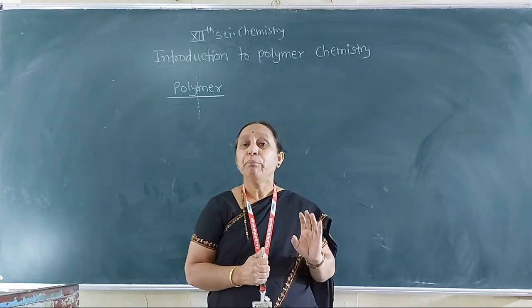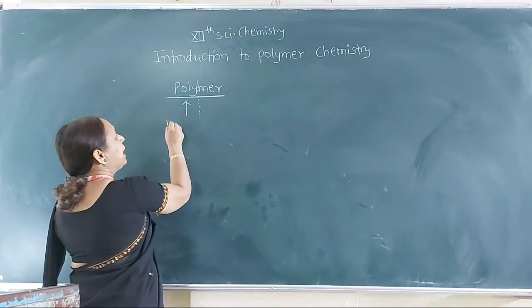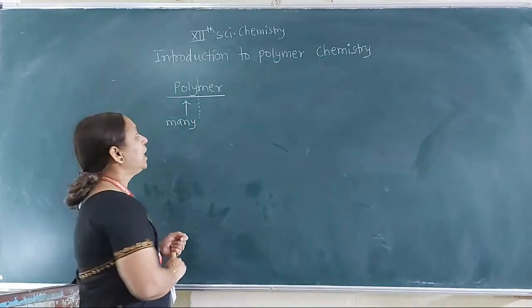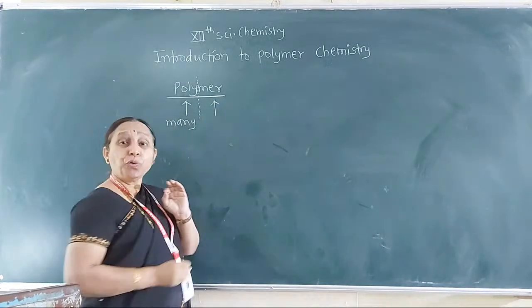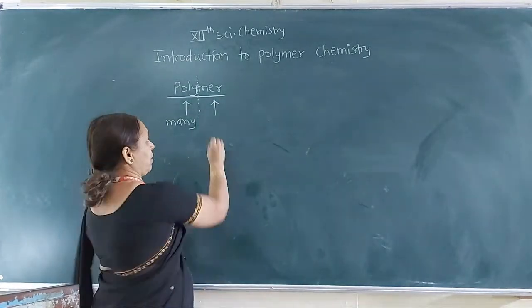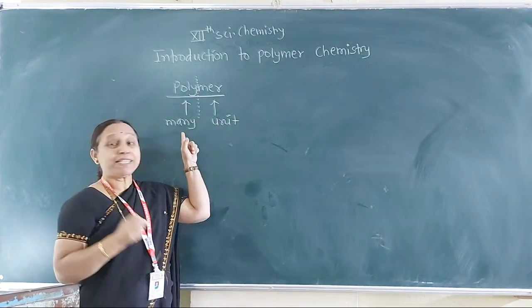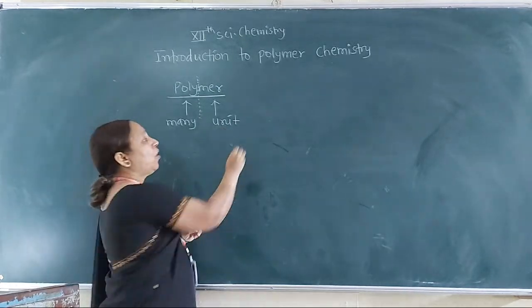Poly means many, a large number, and mer means unit or part. Poly means many and mer means unit or part.